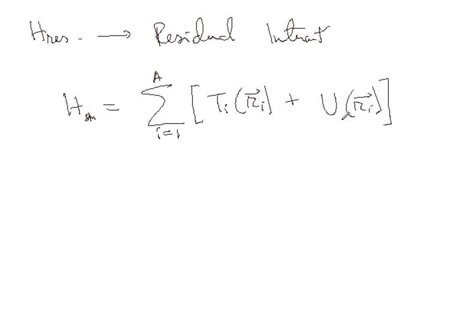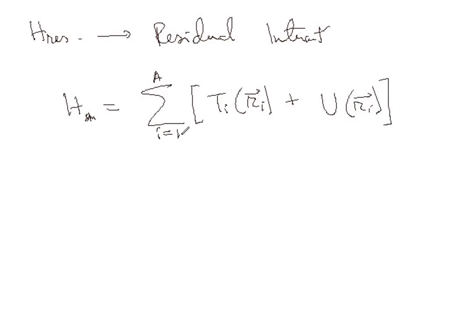This means this is a central potential, whereas this depends on the ith coordinate. This is the shell model Hamiltonian. Now this represents a good approximation for the exact expression for H, only if H residual is small, right?